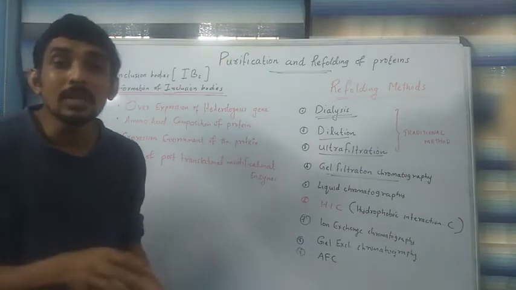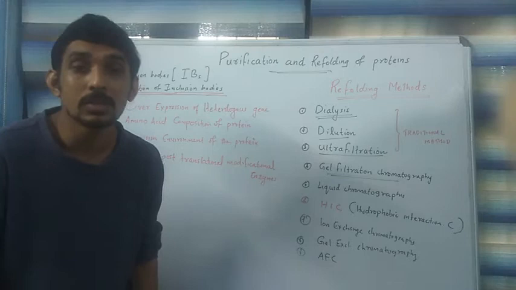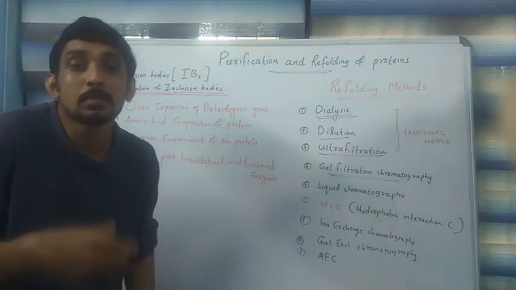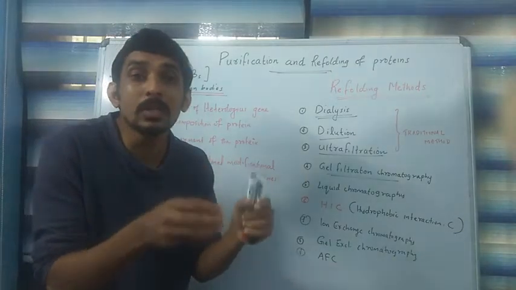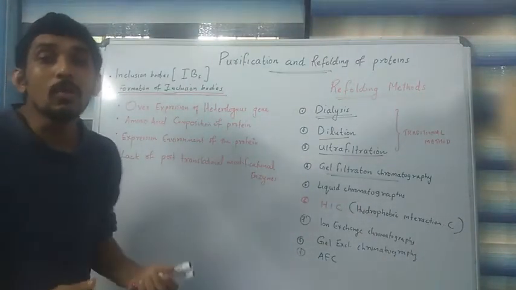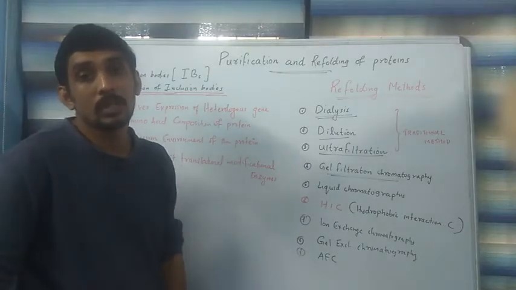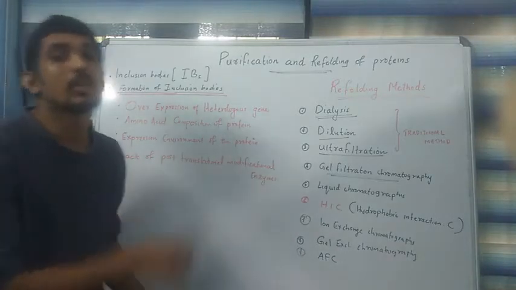So it shows overexpression compared to the expression of that gene within the native cell. Due to the overexpression of protein, inclusion body formation occurs. That is the one reason.